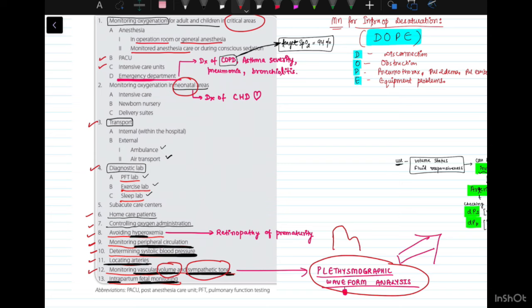The waveform, which is like this, will tell you about the sympathetic tone and the volume, the fluid responsiveness of the patient.